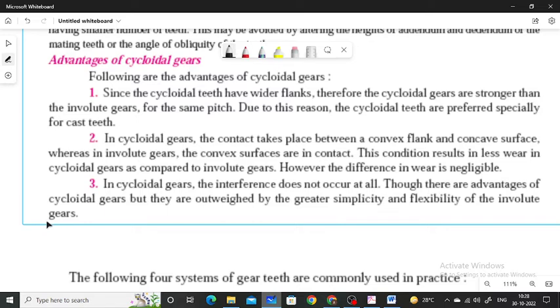Though there are advantages of cycloidal gears, they are outweighed by the greater simplicity and flexibility of the involute gears. So involute gears are commonly used due to some greater advantages over the cycloidal gears.